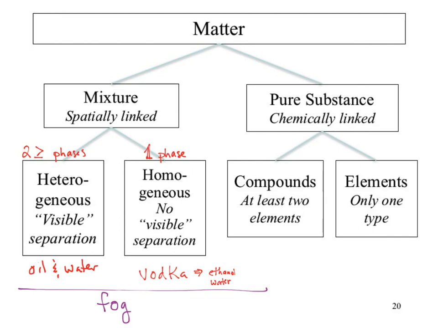Everybody's roughly familiar with the concept of fog? Is that heterogeneous or homogeneous? It's homogeneous. Okay, why is it homogeneous? Because it's the air, which is gas, and it's mixing with the water that's in the air from the clouds, and you can't see the water and the air separate.